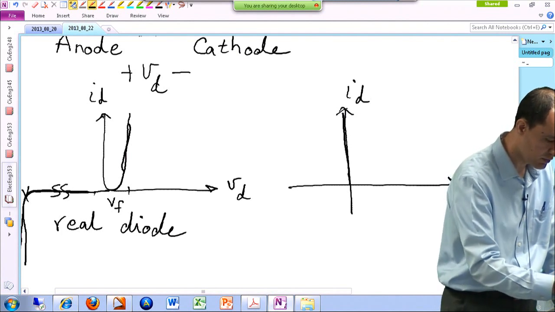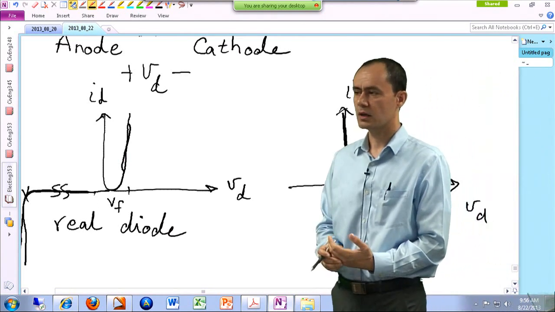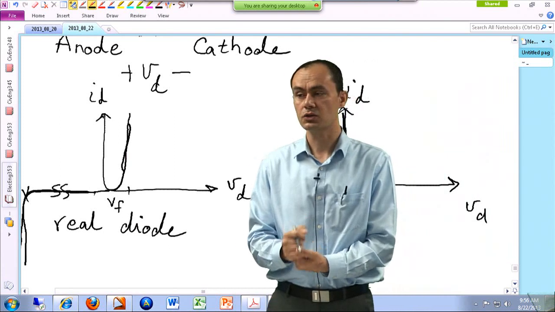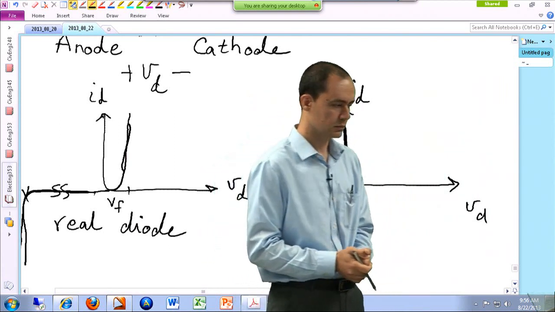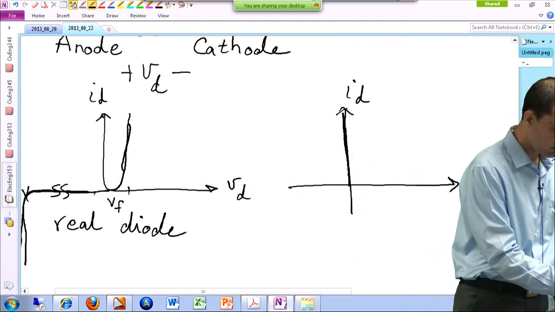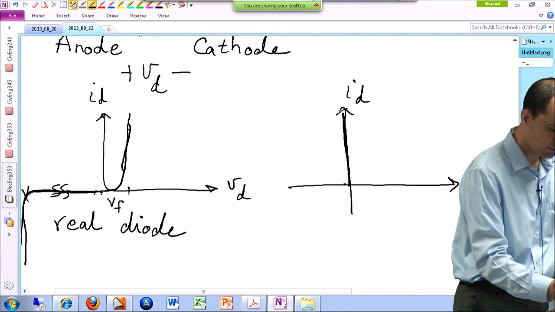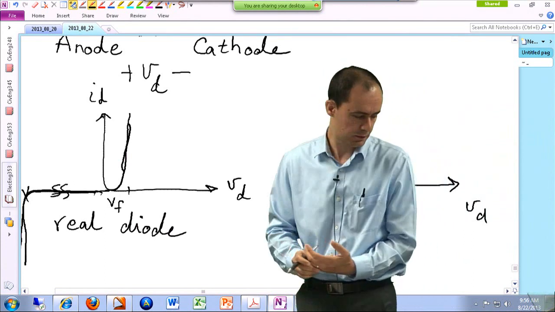So if I assume VF is 0, I'm going to get to this line. That means when my diode is conducting, no matter how much current is passing through the diode, there won't be any voltage drop across it, neglecting VF. This line is already sitting here, so I'm just going to rewrite. So this is the volt-ampere characteristic of an ideal diode.